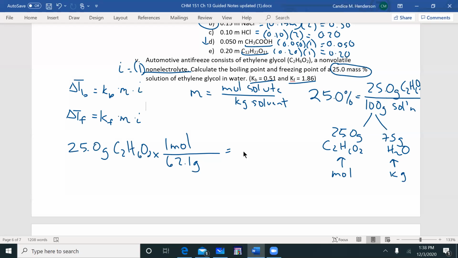So our mole value of C2H6O2 is 0.403. If I have 75 grams of water, I can really easily convert that into kilograms, 0.075 kilograms of H2O. I just moved the decimal over 1, 2, 3, and filled the 0 in.